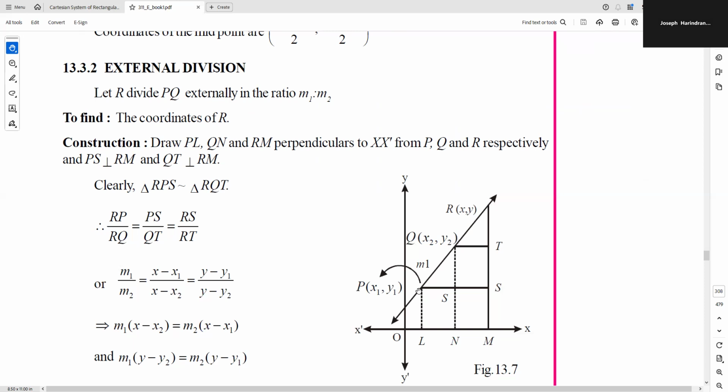So the ratio is m1, m1 is PR, and m2 is QR. So PR is to QR is m1 is to m2.